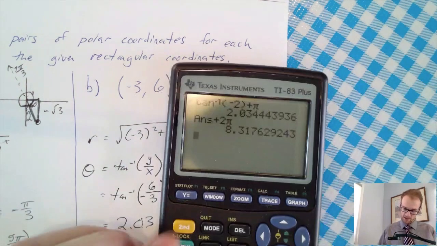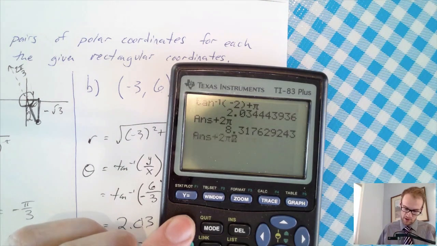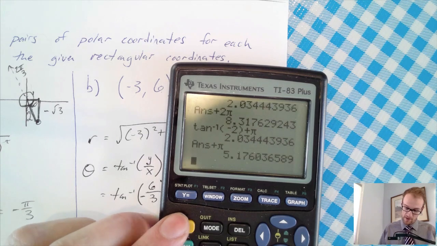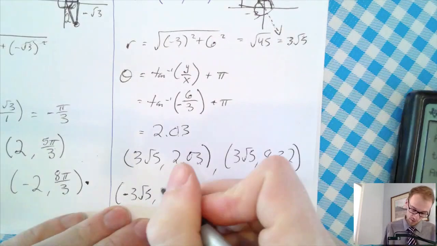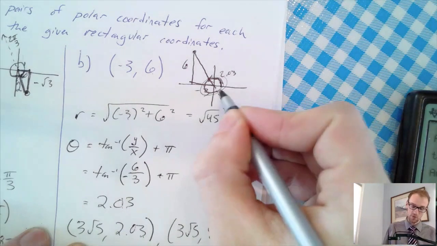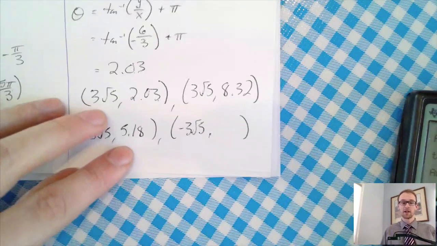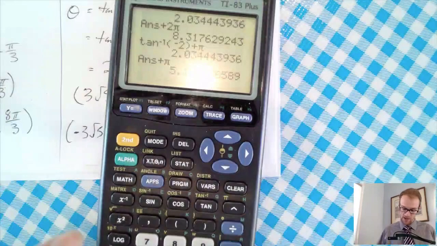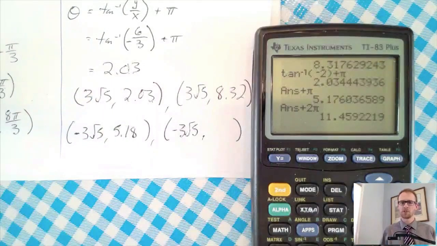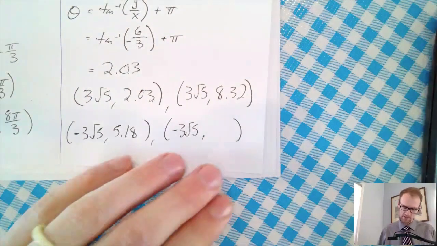So I'm going to go back to the inverse tangent of negative 2 plus pi, and take that answer and add pi. 5.18 is one of them, in radians. And then why don't I just add 2 pi to that? Because that'll give me that same orientation in this direction. So I'll take 5.18 and add 2 pi, and we get 11.46.